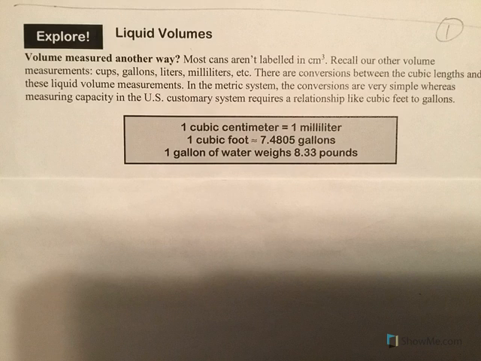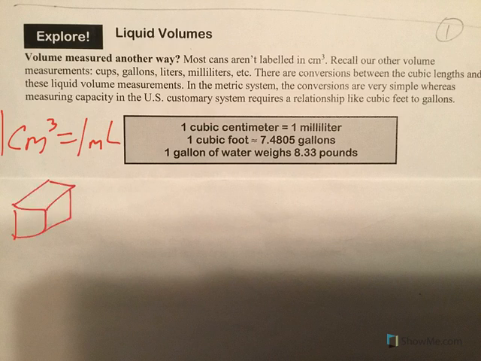Liquid volumes, right? Our water bottles, our pop bottles, they're all measured in liquids. Water is liquid. So we've got a couple basic things. The first one I want to point out here is that 1 cubic centimeter is the same as 1 milliliter. So a cubic centimeter is solid, right?